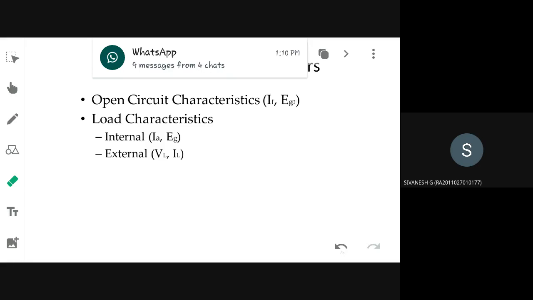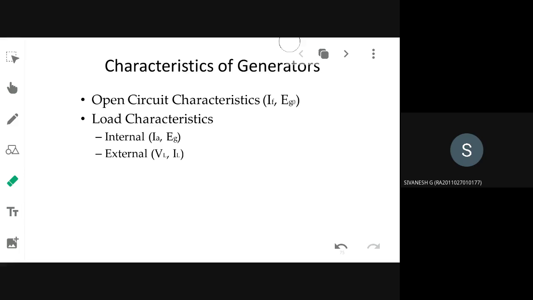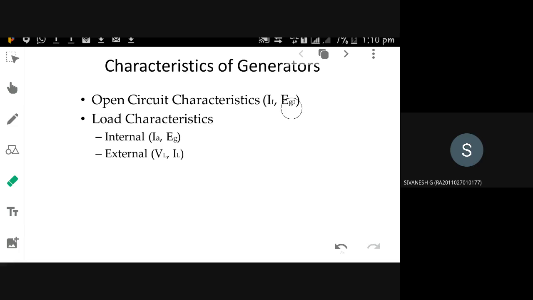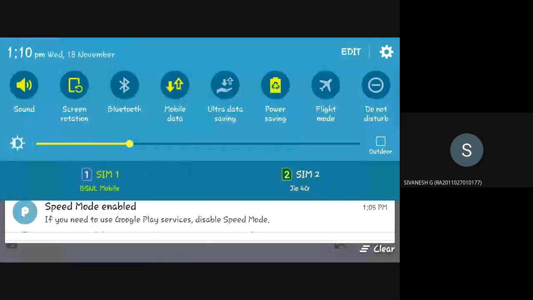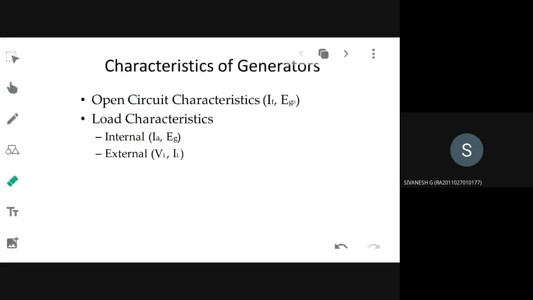So you know how to classify a DC generator. How will you be classifying a DC generator in general?